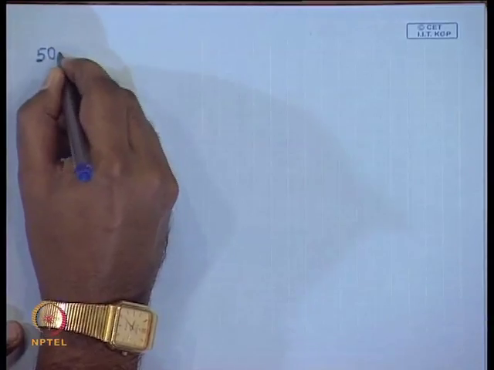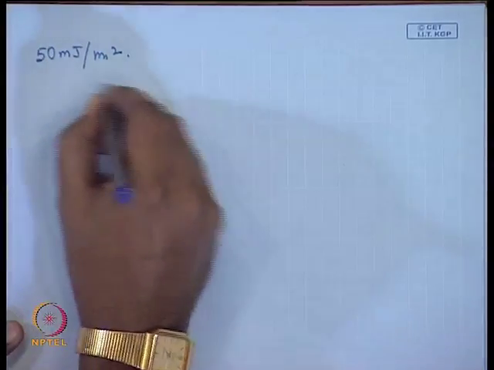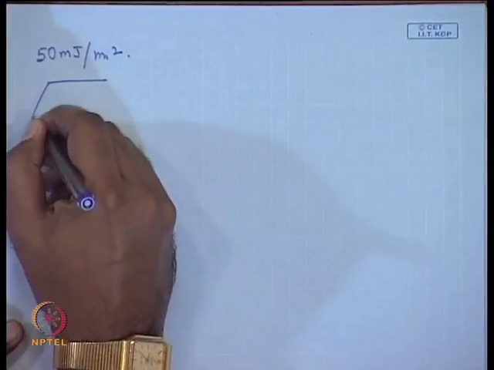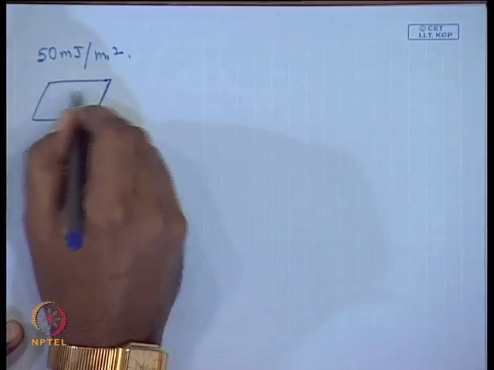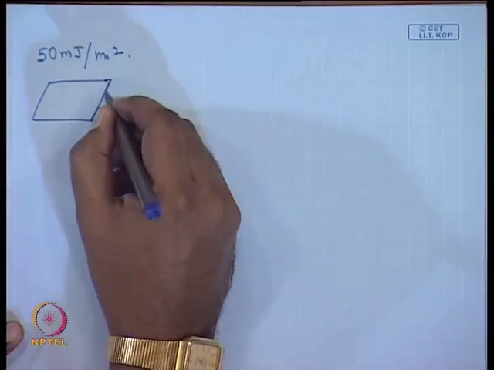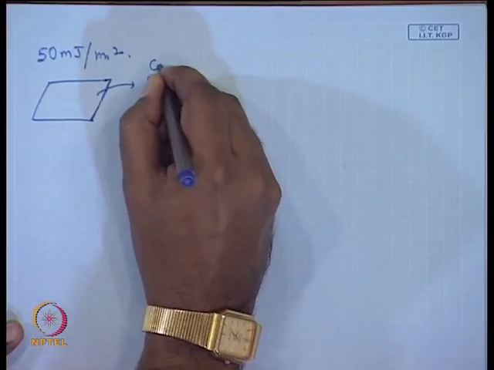Surface tension has a unit of millijoule per meter square. So, if the surface tension of a material is given as 50 millijoule per meter square, it implies that in order to create 1 meter square of area of that particular material, you need to consume 50 millijoule of energy.